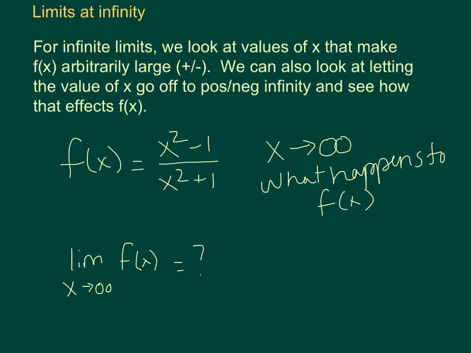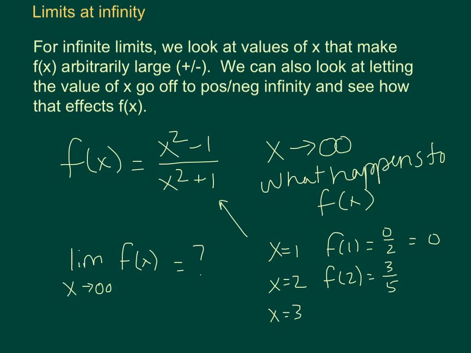Well, one way that we can investigate this is just starting to take a look at some of the values of x, plugging them in and seeing if we can pick up on a pattern which may be happening. So if we were to substitute in the value of x equals 1 into this function and find f of 1, we would get that f of 1 is equal to 0 over 2, which we know to be 0. And then we can start just increasing the value of x. So when x is 2, what would f of 2 be? Well, f of 2 would be 3 over 5.